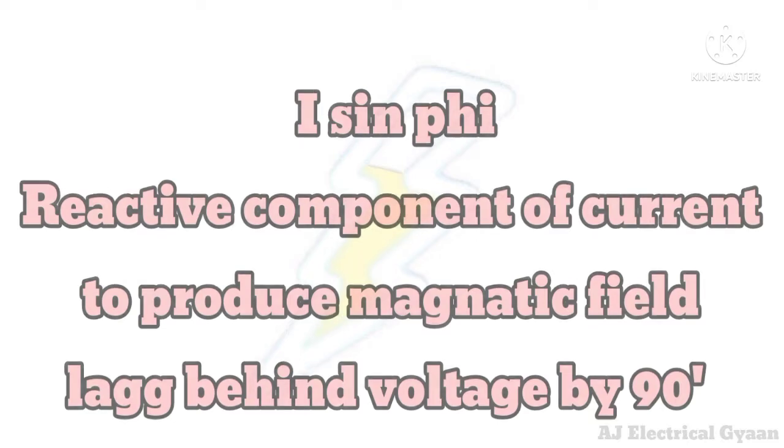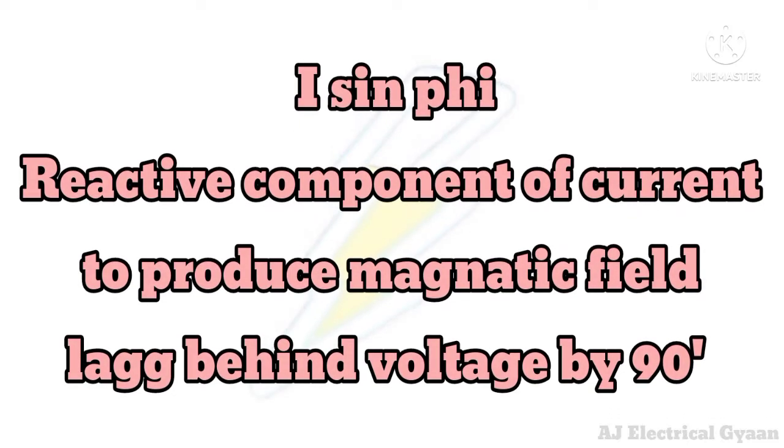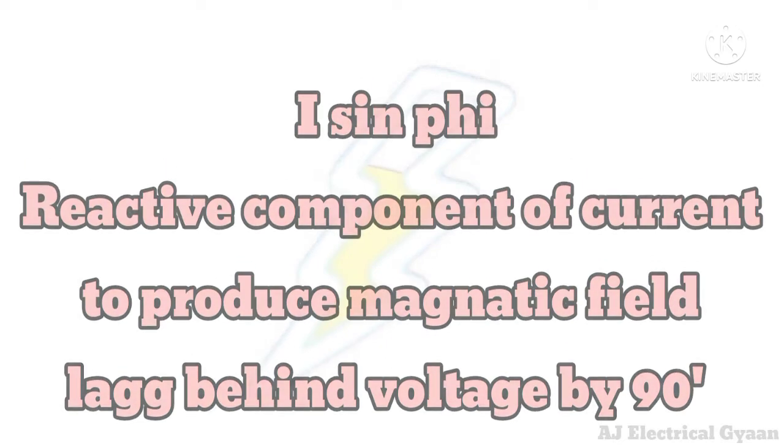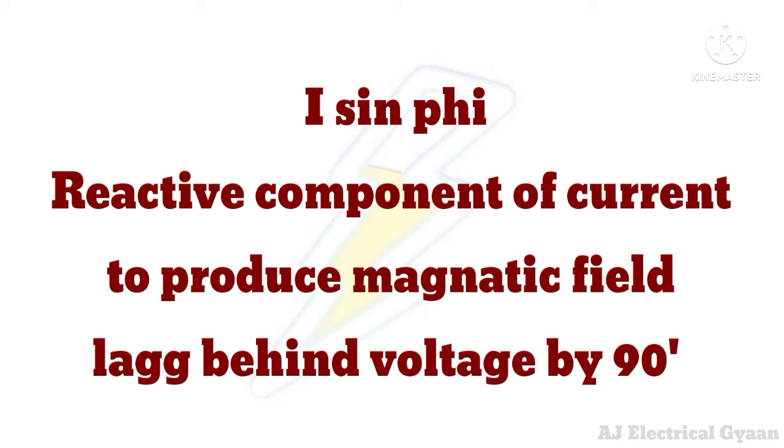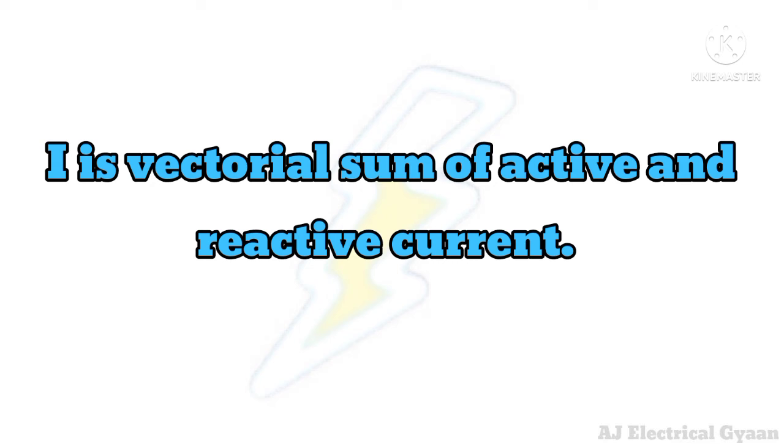I sin phi is the reactive component of current, which is used by the load to produce a magnetic field. It lags behind the voltage by 90 degrees. Current I is the vectorial sum of the active and reactive components of current.